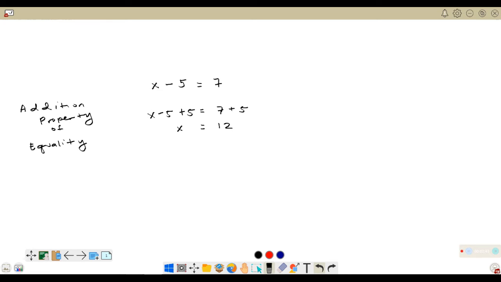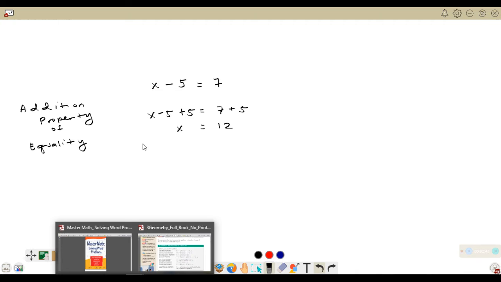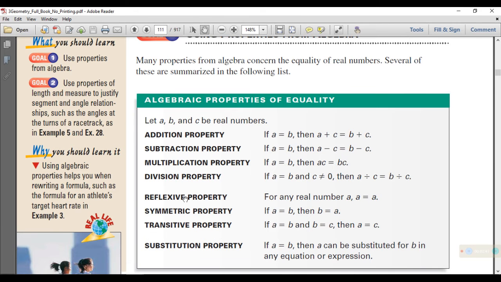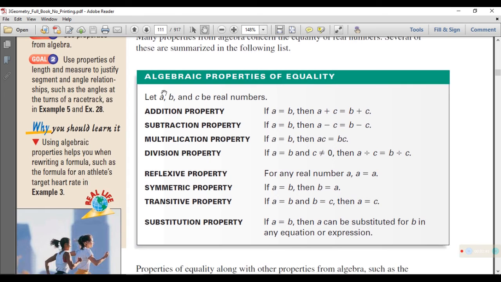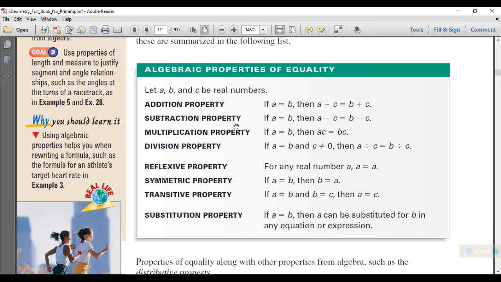Now, for the next property of equality, this is actually the same as addition property of equality. So we have subtraction property of equality. But on other books, and in higher math, bihirang-bihira ma-mention si subtraction property of equality because it is just a derivative of addition property of equality.